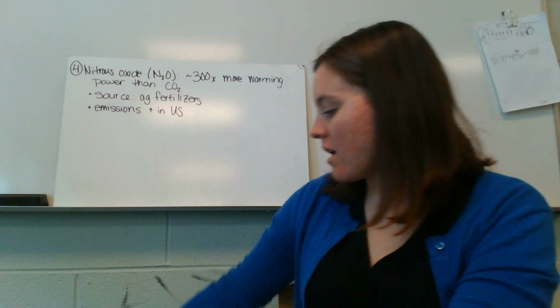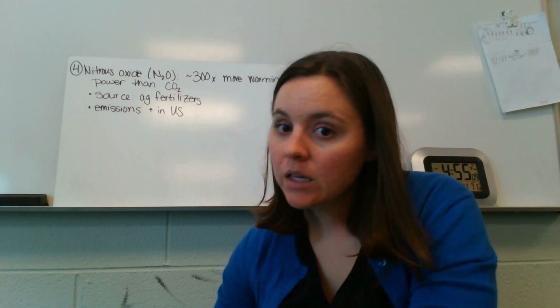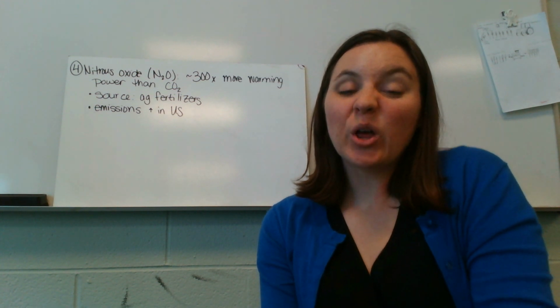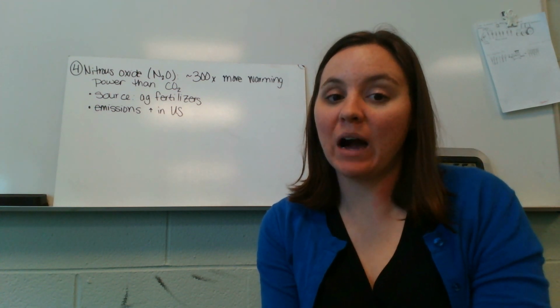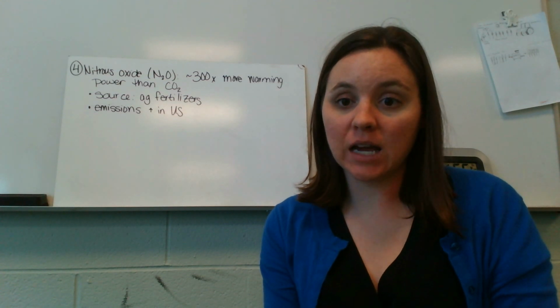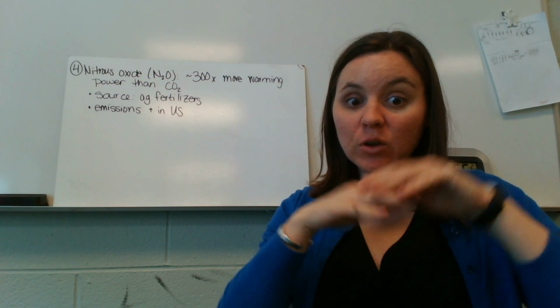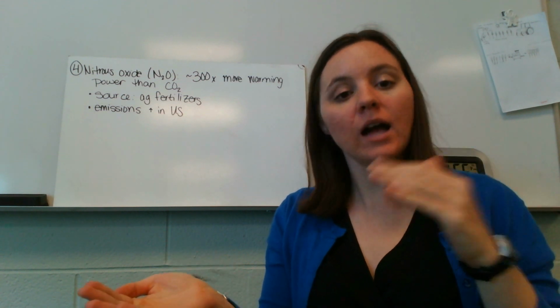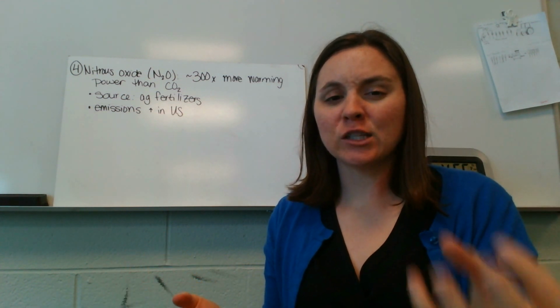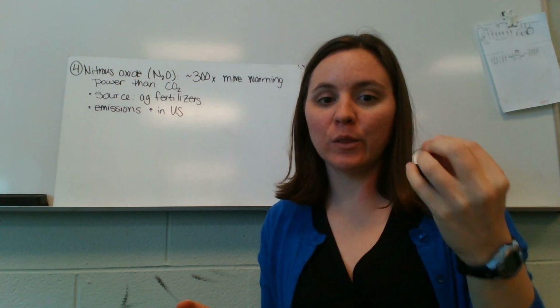And then we have nitrous oxide, or N2O. So nitrous oxide is about 300 times more powerful of a greenhouse gas than carbon dioxide. So if you have equivalent amounts of carbon dioxide and nitrous oxide, nitrous oxide has 300 times the warming power.